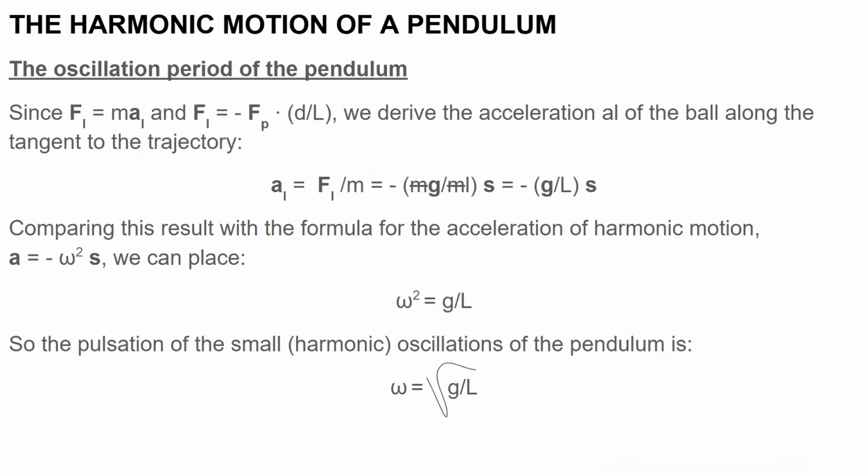In this case, omega is equal to the square root of the ratio between the gravity acceleration and the length of the string.